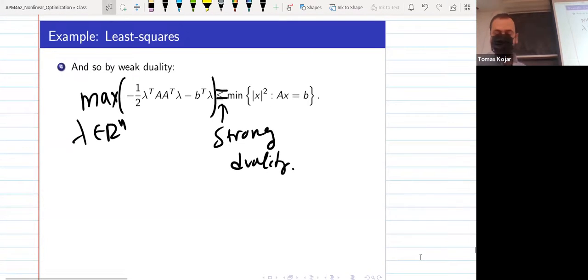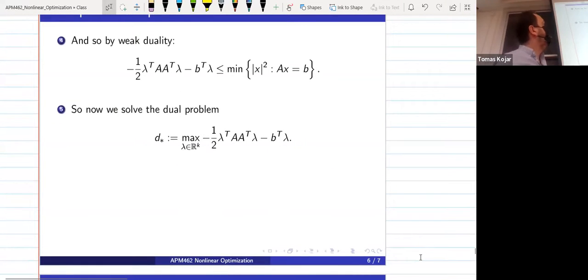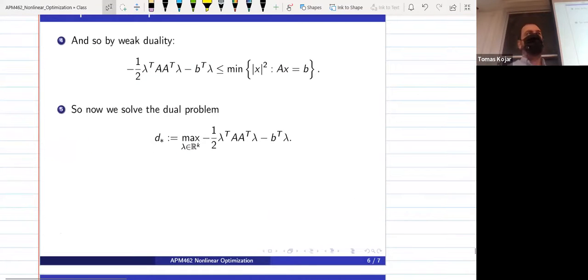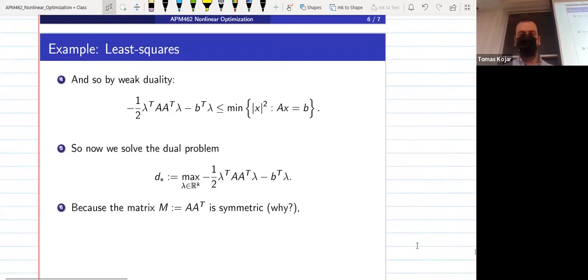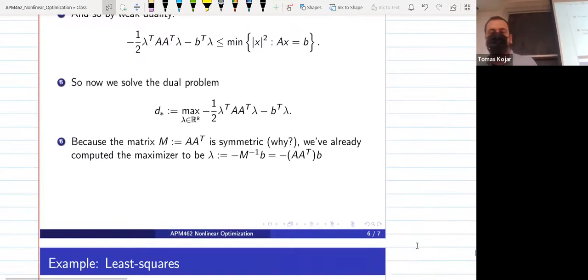All right, now let's solve the dual problem. This is the dual problem, so let's solve it. Meaning you have to find the maximum of this, or the minimum by having the minuses out. And we've done this before.